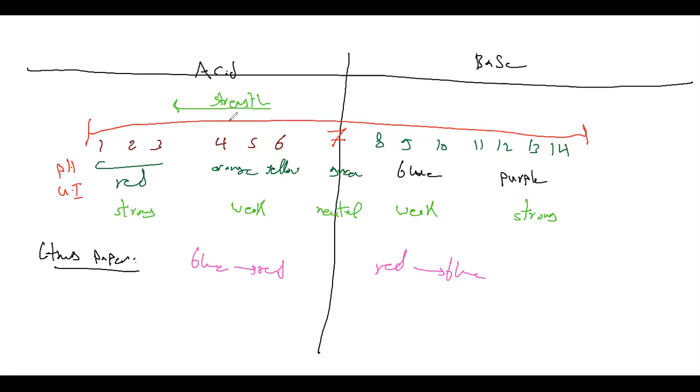Strength increases as we go to the left near to 0, and also as we go to the right, strength increases. This means that if we have acid pH 1 and pH 5, 1 is stronger than 5, while 14 is stronger than 10. Strongest is here, strongest acid, strongest alkali.